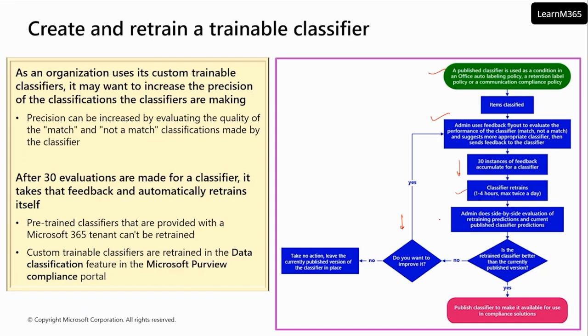The admin does a side-by-side evaluation of retraining predictions and current published classifier predictions, then takes action, or leaves the currently published version of the classifier in place. So this is how it works. You can create your own classification and set up your own classification. After 30 evaluations are made for a classifier, it takes that feedback and automatically retrains itself.